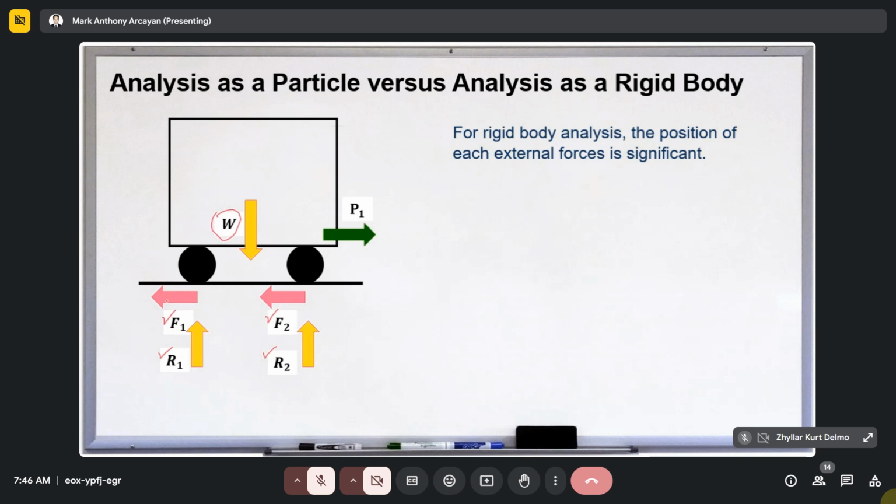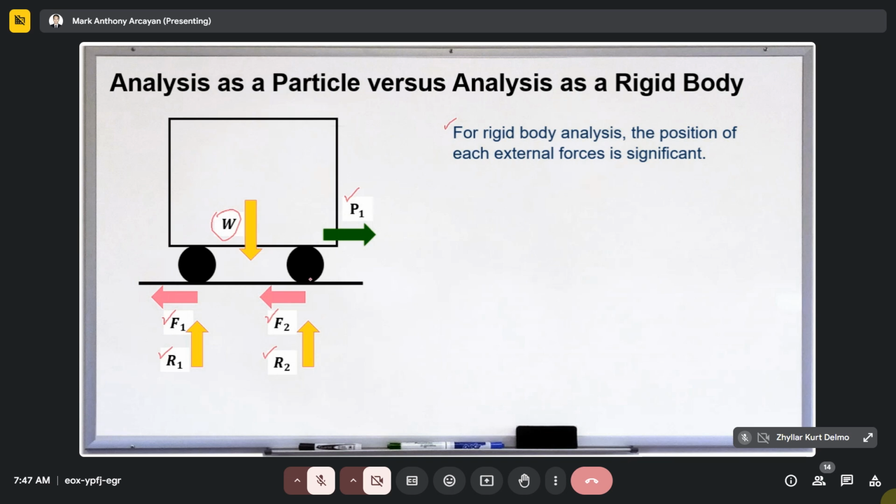Reaction forces came from the horizontal surface, and then this P1 shown in green arrow would be our applied external force. It's like we are going to pull this cart so that it will move to the right.